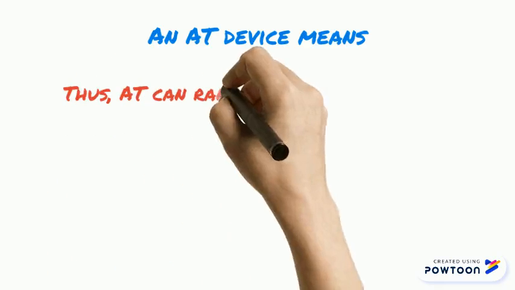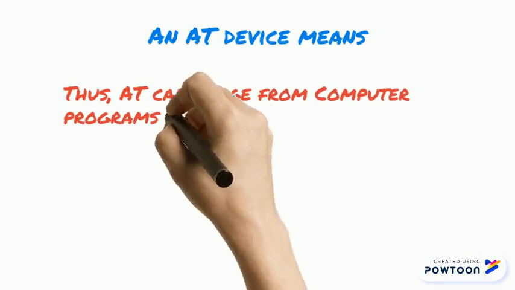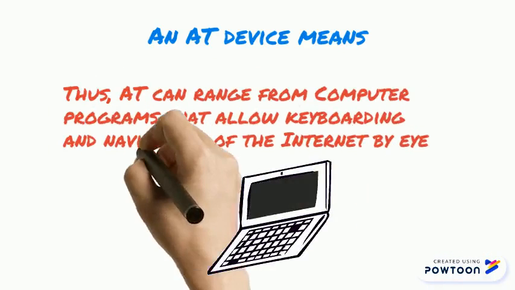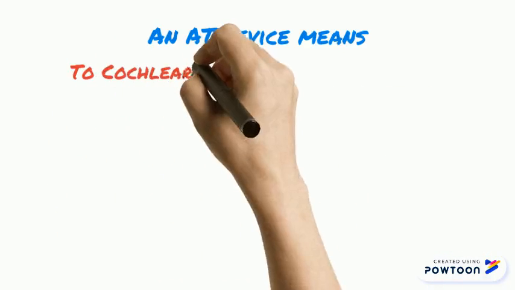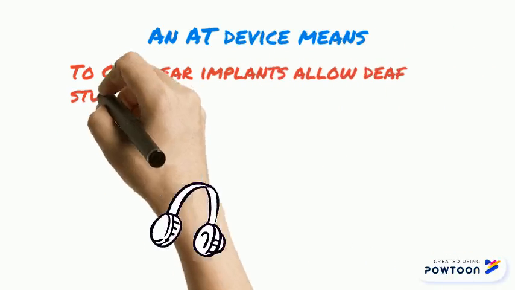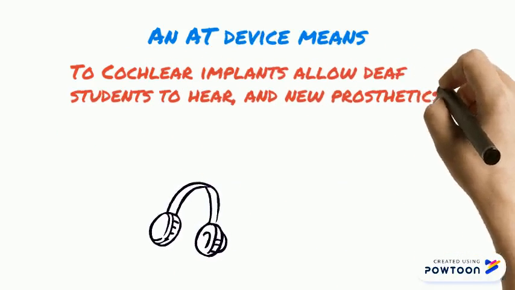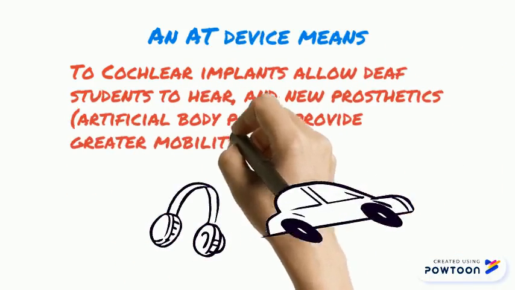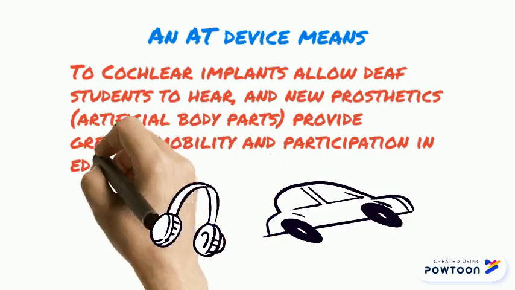Thus, AT can range from computer programs that allow keyboarding and navigation of the internet by eye movements, to cochlear implants allowing deaf students to hear, and new prosthetics provide greater mobility and participation in education and in society.